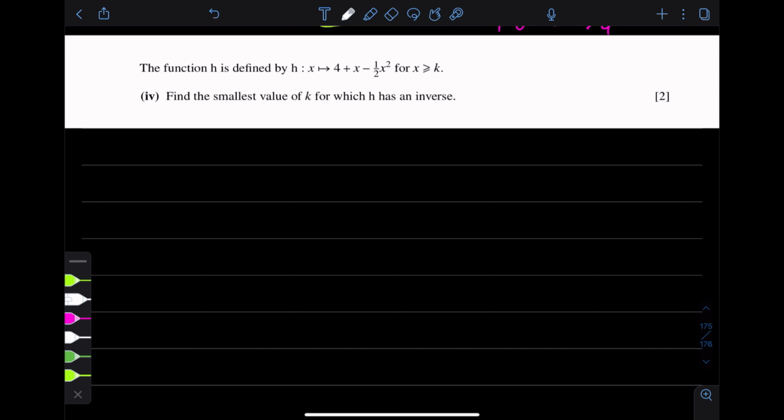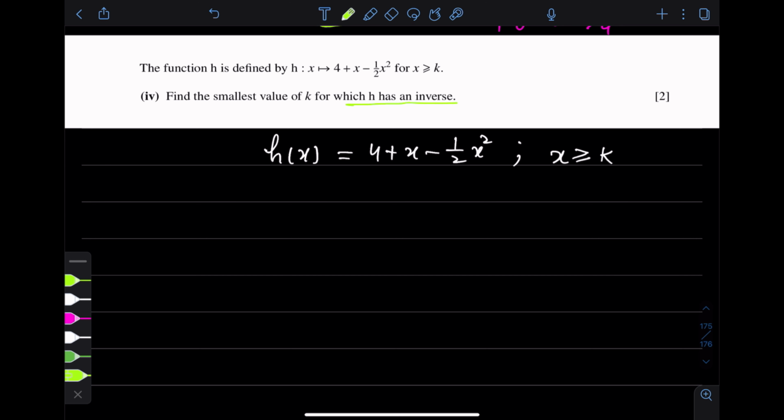X is greater than or equal to k. This is the domain for h(x). Find the smallest value of k for which h has an inverse.